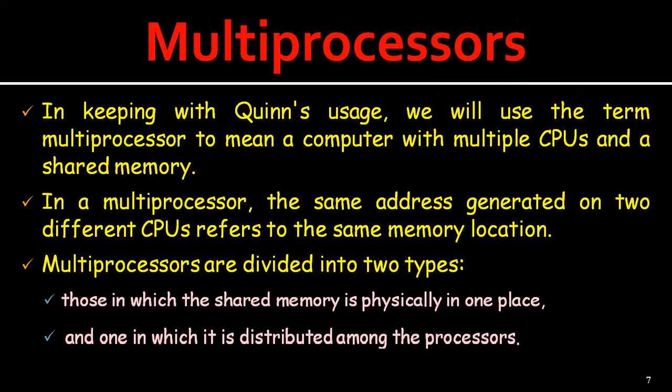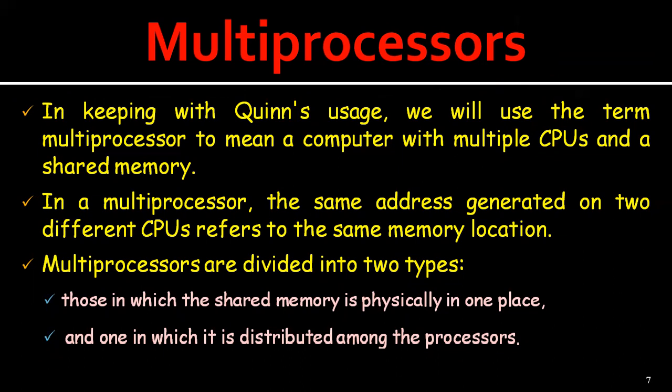In a multiprocessor, the same address generated on two different CPUs refers to the same memory location. Multiprocessors are divided into two types: those in which the shared memory is physically in one place, and those in which it is distributed among the processors.